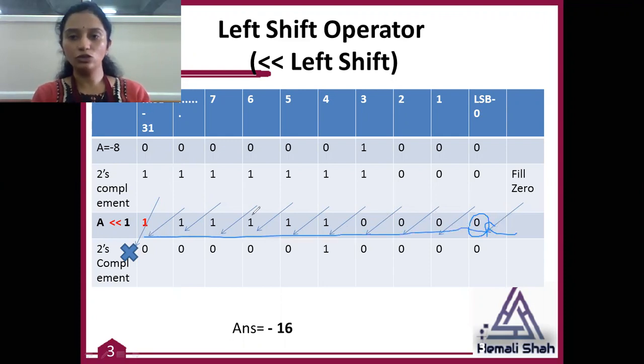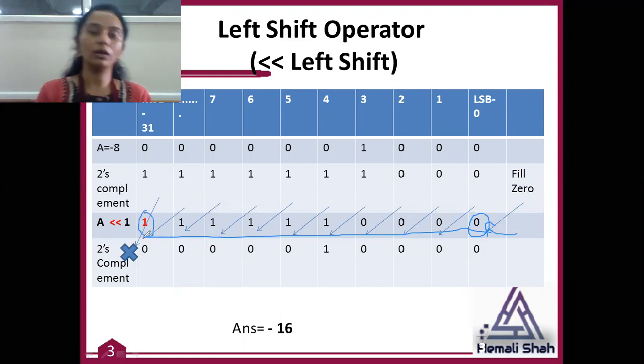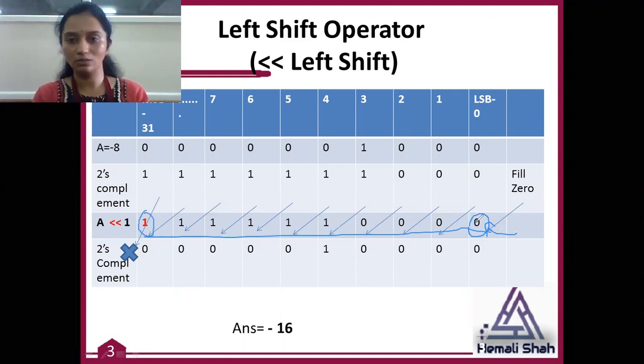Now in your actual answer, when your most significant bit value is 1, you have to again perform the 2's complement of this value, because your most significant bit 1 indicates it is a negative value. So you have to put the minus sign, because your MSB bit value is 1. Now find the complement of this value.